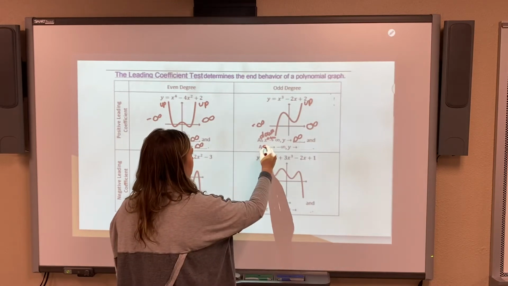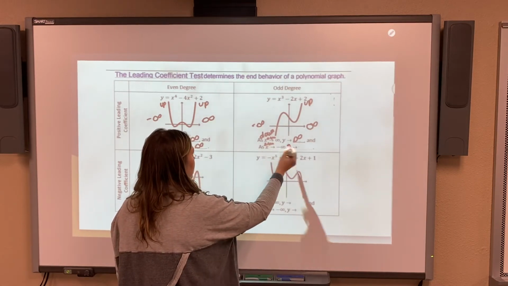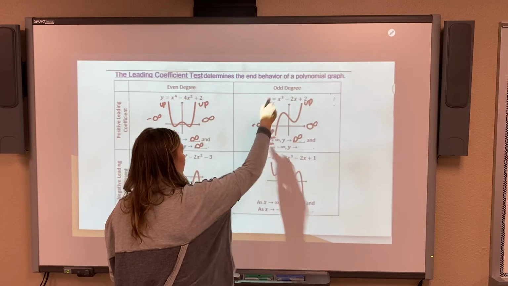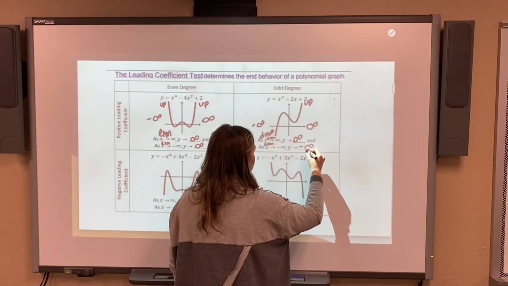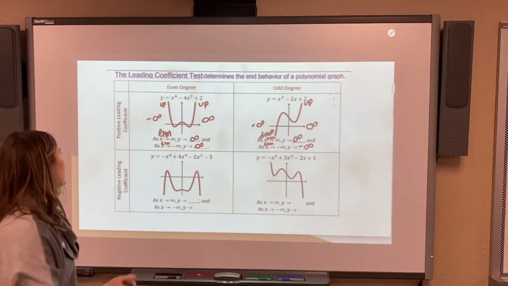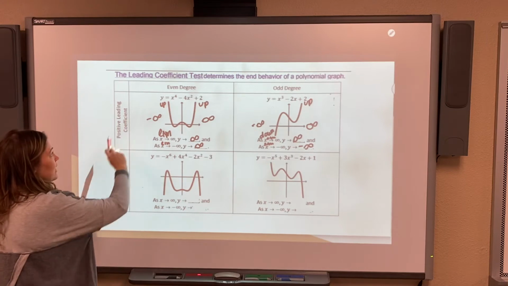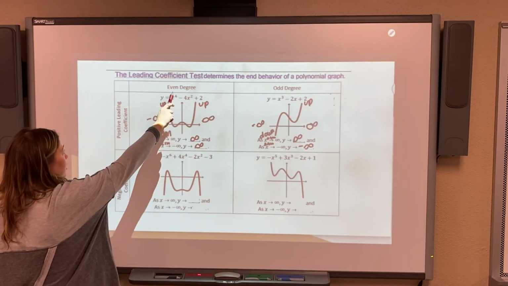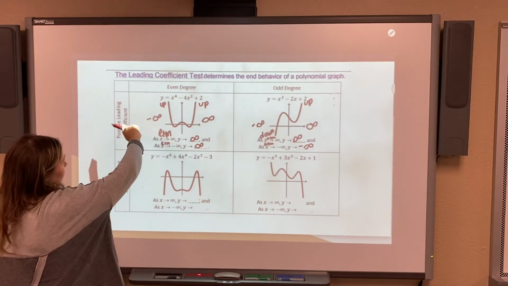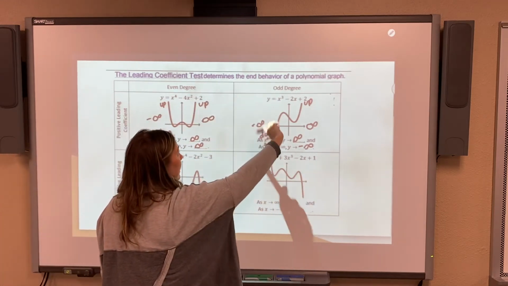As x approaches negative infinity, the left side, our y values are going down towards negative infinity. So positive leading coefficient, even degree, it's up, up.